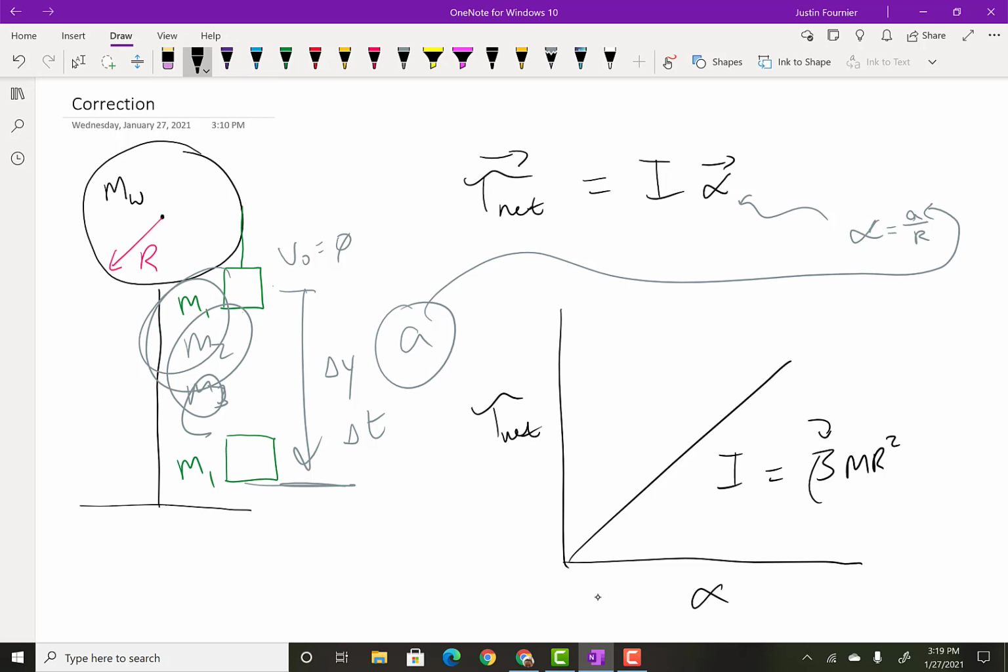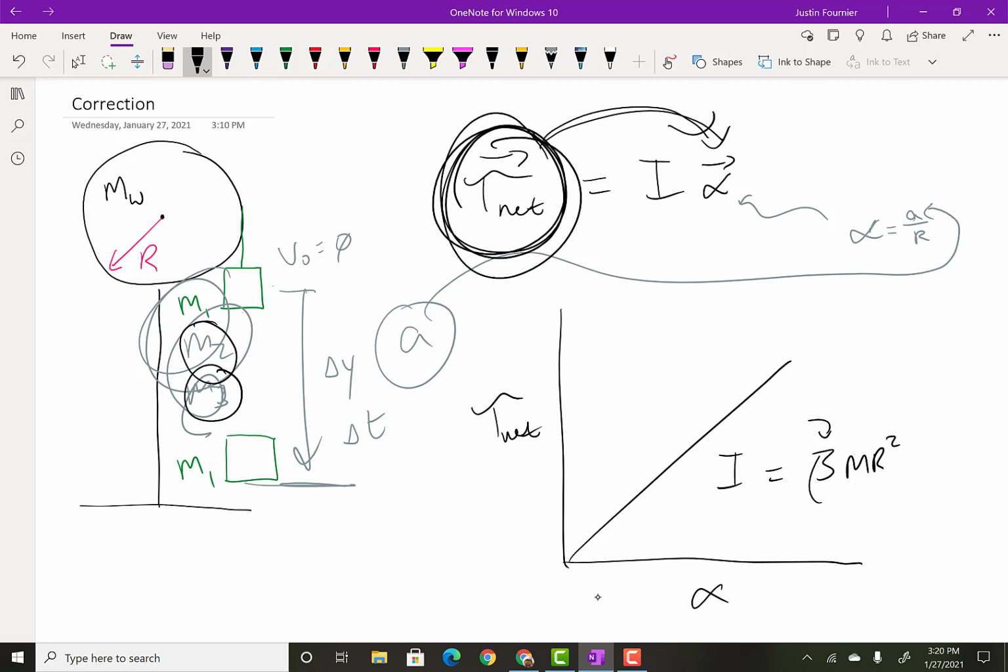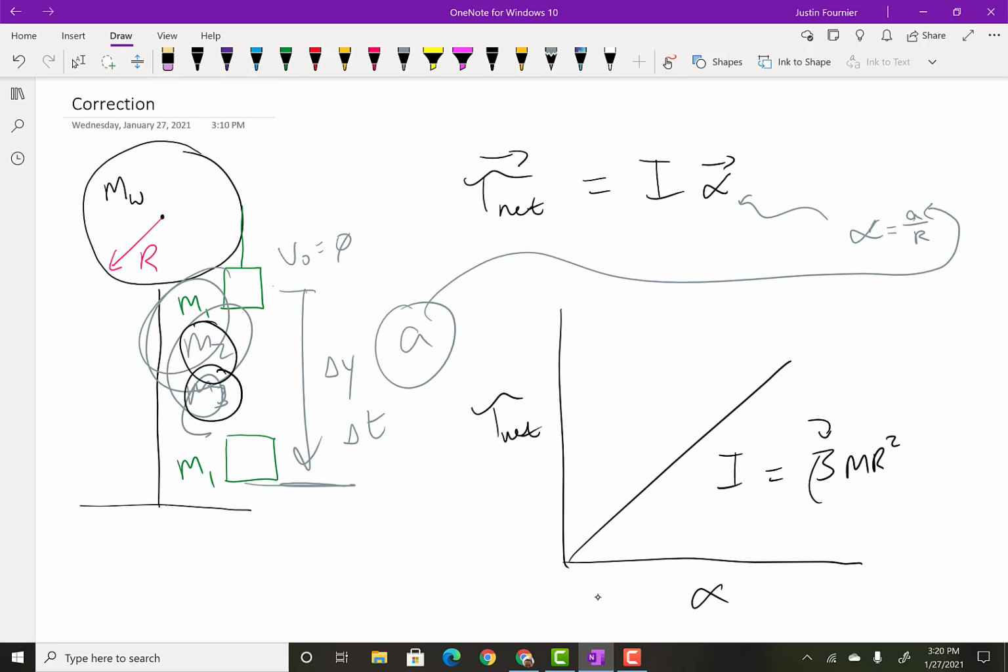Because when you do an experiment, you only want to change one variable. I was changing this, thus changing the angular acceleration.